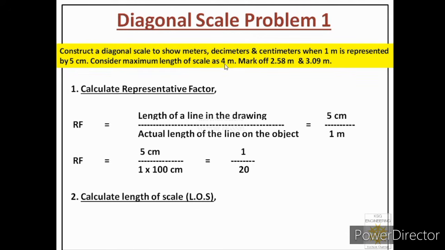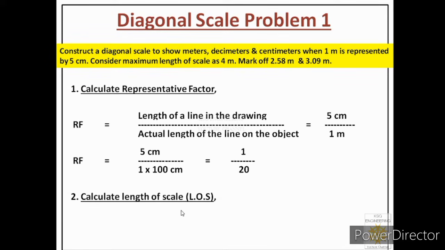We have to reduce 4 meters by some proportion. So how much proportion? The answer to that question we got from the first calculation, that is RF. That means we have to reduce 4 meters by 20 times. Then whatever length we will get after that reduction, we will draw that length on our paper and that length will be called as length of scale.